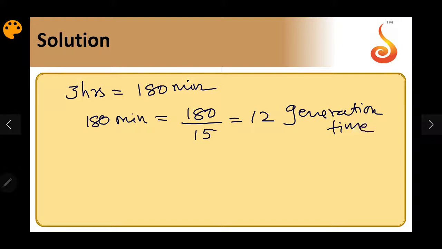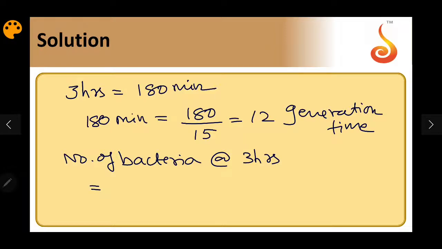Same way as normal kinetics, if n half-lives are over, the concentration decreases by 2 power n times. Here also the number of bacteria is increased by 2 power n times. So the number of bacteria at 3 hours is equal to 2 power 12 into the initial number 50.